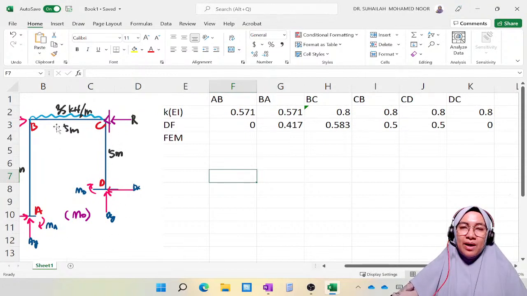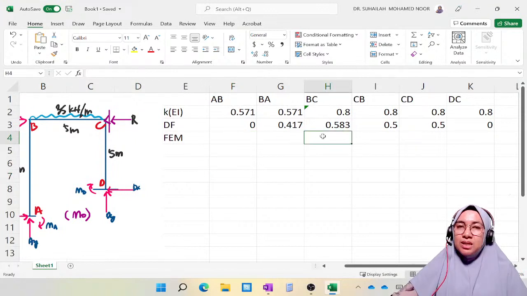We only have FEM for member BC because, as I said previously, FEM is just like equivalent nodal forces, where we need to distribute the force to the nodes. For member BC, it is WL squared over 12.